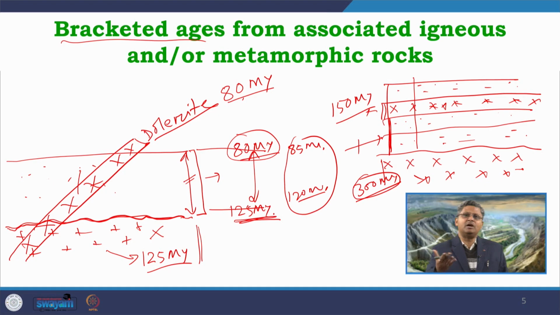So, these are some of the indirect ways of determining the age of sedimentary rock strata, sedimentary packages, because we cannot directly apply the radiometric age dating method to a sedimentary rock. In that case the mineral in the sedimentary rock body will not give us the actual age of sedimentation, but it will give us some older age of metamorphism or older age of crystallization from the magma, which is not exactly the sedimentation age.